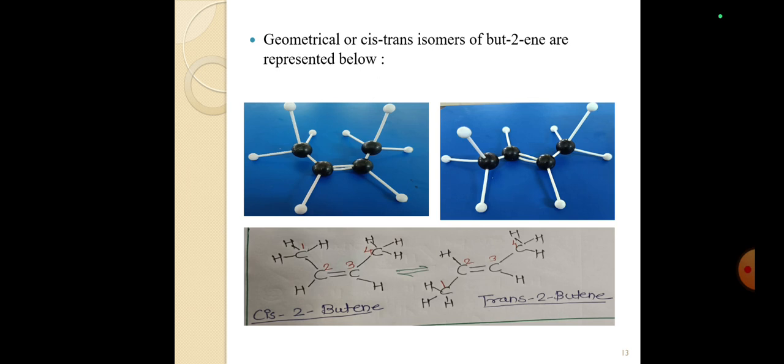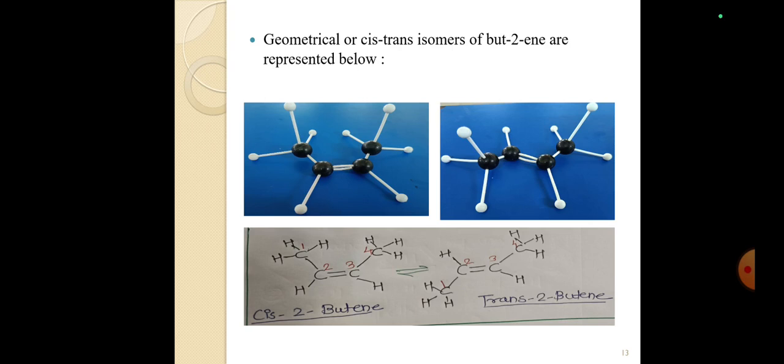In this, I have made these atomic models. The first one is 2-butene. I have also written here cis-2-butene, CH3-C double bond C-CH3. It is a reversible structure; we just need to twist it, then you will get trans-2-butene. Whatever structures I have written here, the same we have made in the atomic construction. When you hold these atomic models and try to rotate them completely, it will not allow the double bond to rotate.